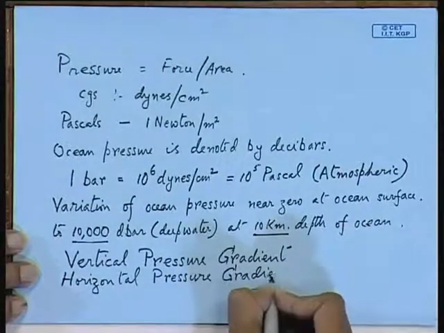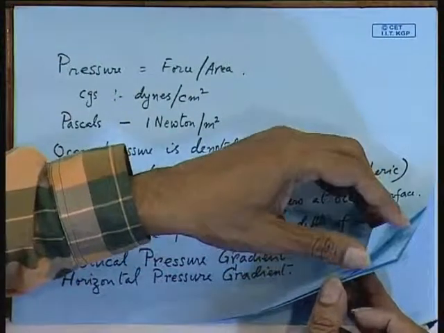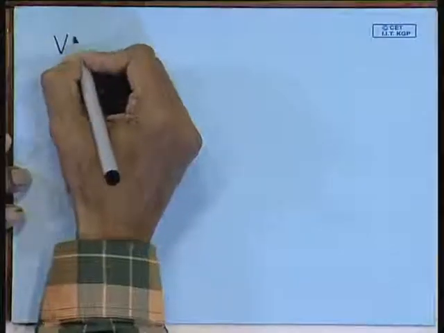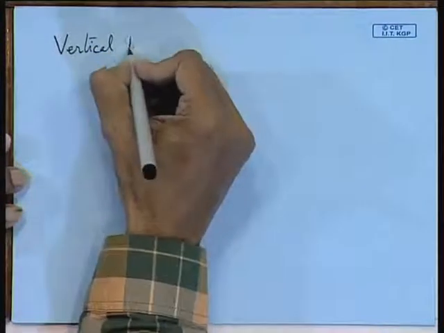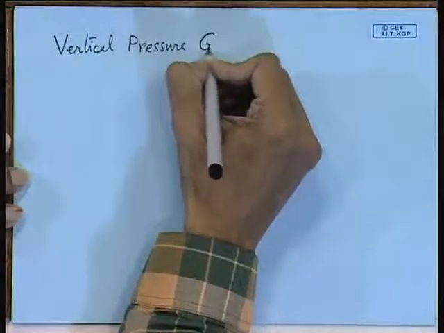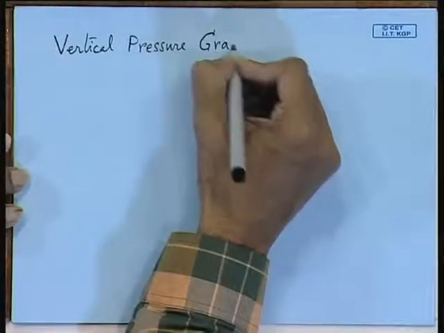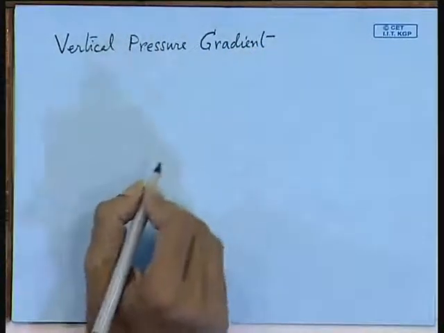Now, your vertical pressure gradient, most of you are familiar with this. Gradient means the difference in pressure over a finite depth or a finite horizontal spread or horizontal distance.